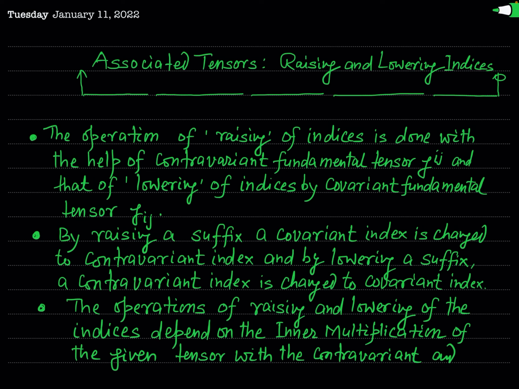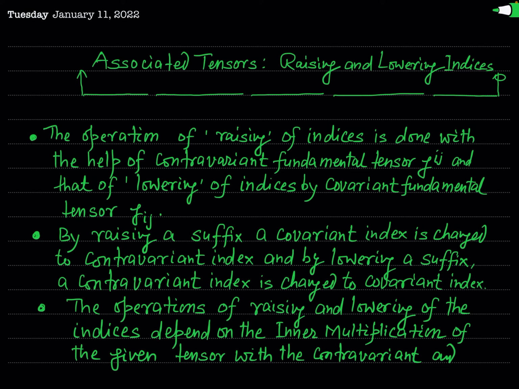So what are these processes, raising and lowering of indices, and how are they performed with the help of the contravariant fundamental tensor and the covariant fundamental tensor? We will see this first of all in this lecture. There will be two parts of this lecture.